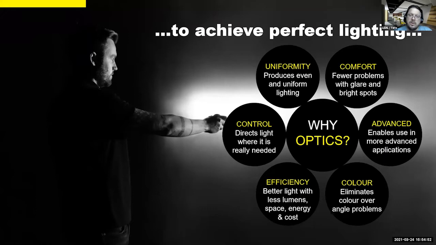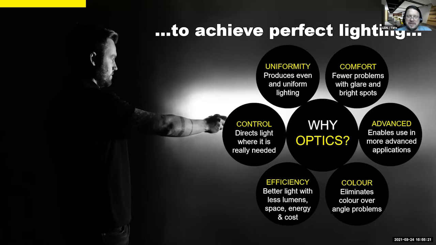And then we can use the power of optics to shape the light so that we can increase the uniformity of the lighting. We can control very precisely where the light is going to be. And also, as part of that control, we can take the light away from the places where it can be harmful.